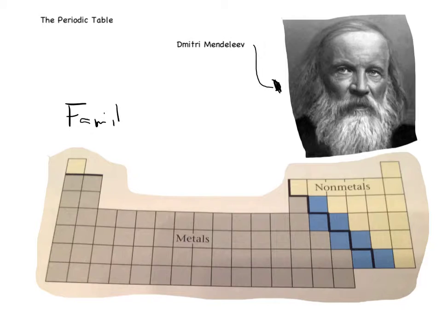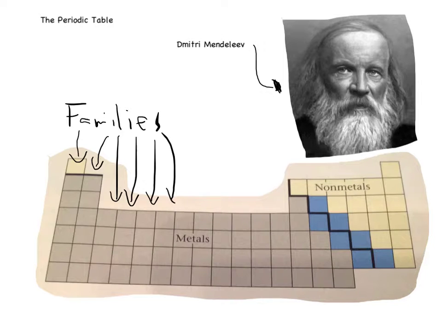Mendeleev noticed that these are all different families, and the families each have names, just like your family. There are 18 families. These 18 columns are called families, and he noticed that within a family, the elements have similar properties.